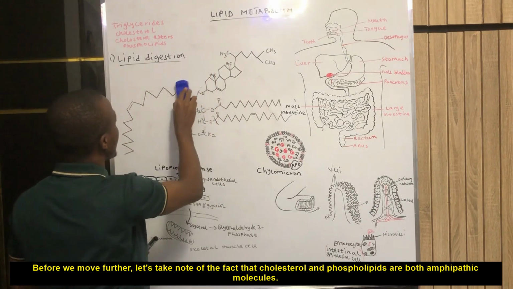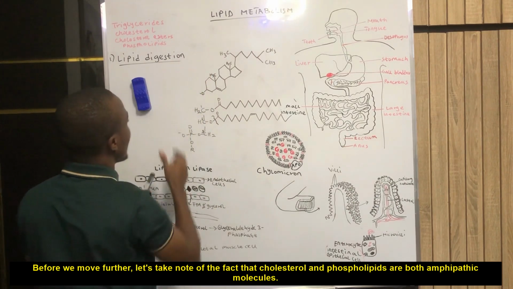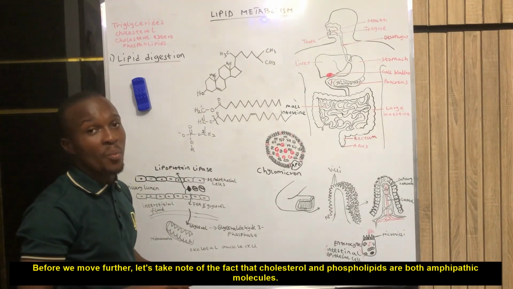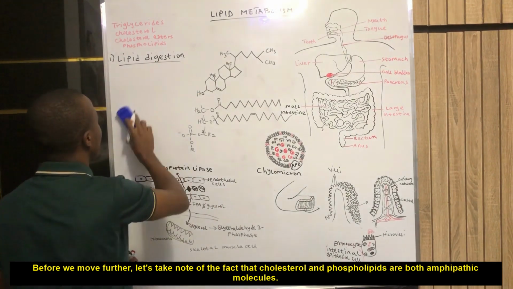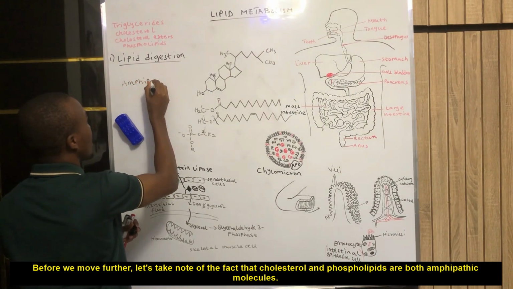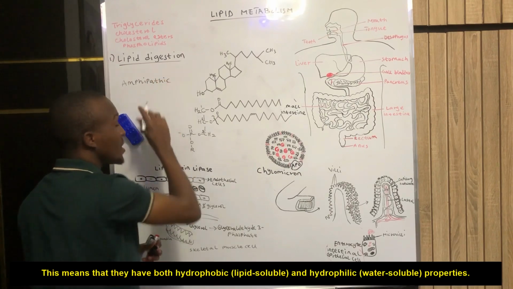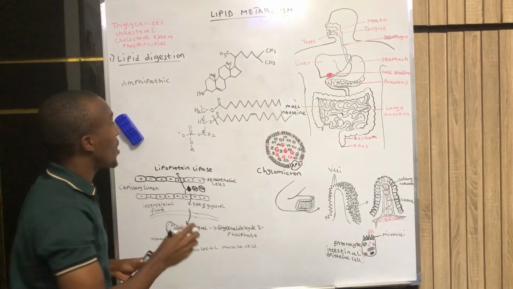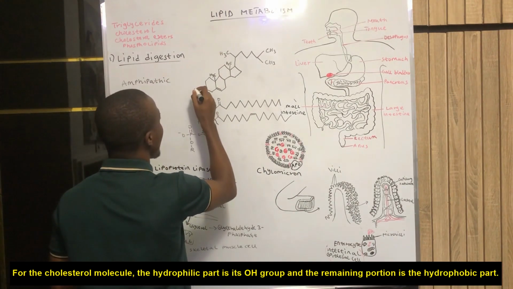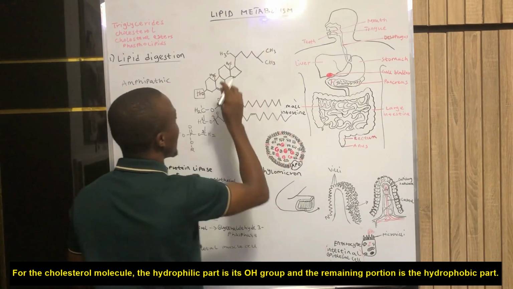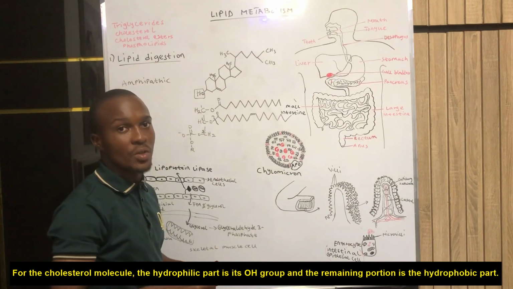Before we move further, let's take note of something. Cholesterol and phospholipids are both amphipathic molecules. Amphipathic. This means that they have hydrophilic and hydrophobic properties. Now, for a cholesterol molecule, this OH group is the hydrophilic part, and this remaining portion is the hydrophobic part of the cholesterol molecule.